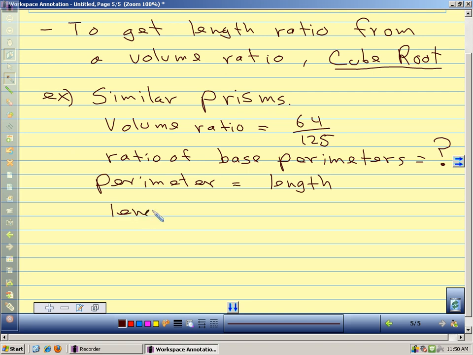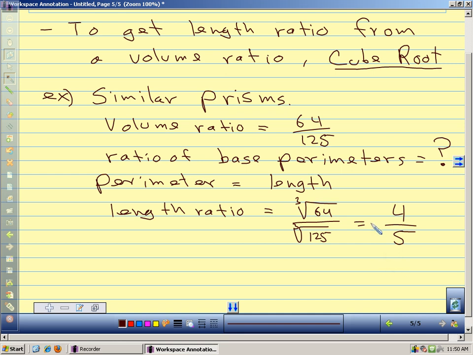So our length ratio equals the cube root of 64 divided by the cube root of 125, and we get 4 over 5. Any questions on that?